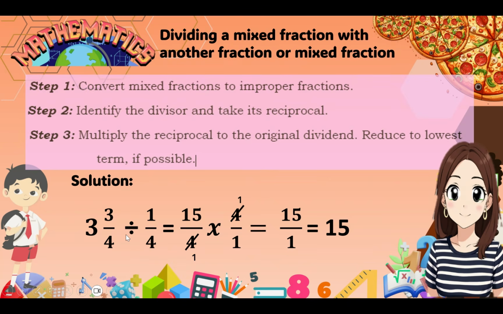Then change the division symbol to multiplication and write the reciprocal of the divisor, which is 4 over 1. Then do the cancellation. Both numbers can be divided by 4. So 4 divided by 4, you have 1. And 4 divided by 4 equals 1. So 15 times 1 equals 15. And 1 times 1 equals 1. 15 divided by 1 equals 15.